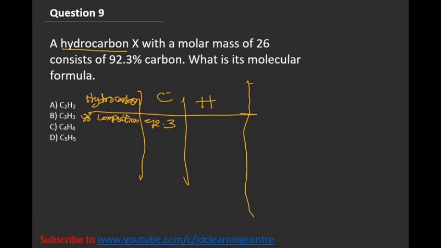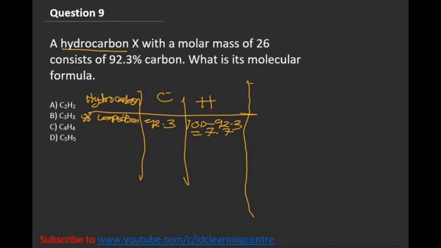How do we look for it? We subtract 92.3 from 100, which will give us 7.7. So the mole ratio, we are going to look for the mole ratio.